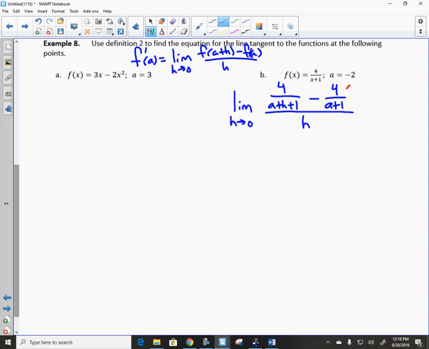I'm going to find common denominators. So I multiply top and bottom by a plus h plus 1 here. I told you we would be dealing with more algebraic structures during this unit. And this side, I'm going to multiply by a plus 1.